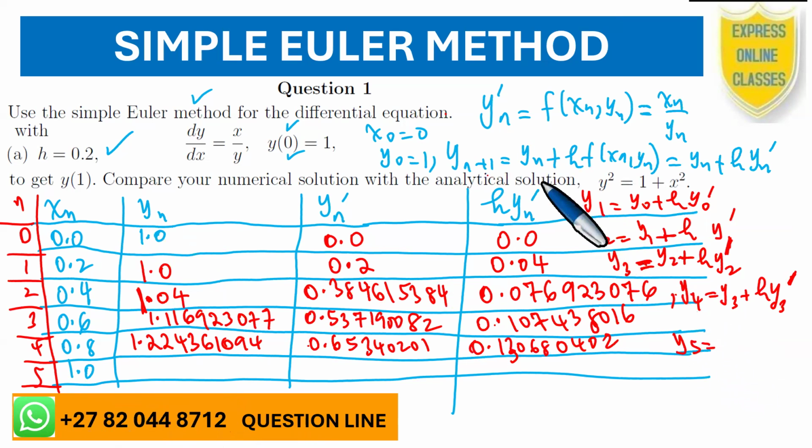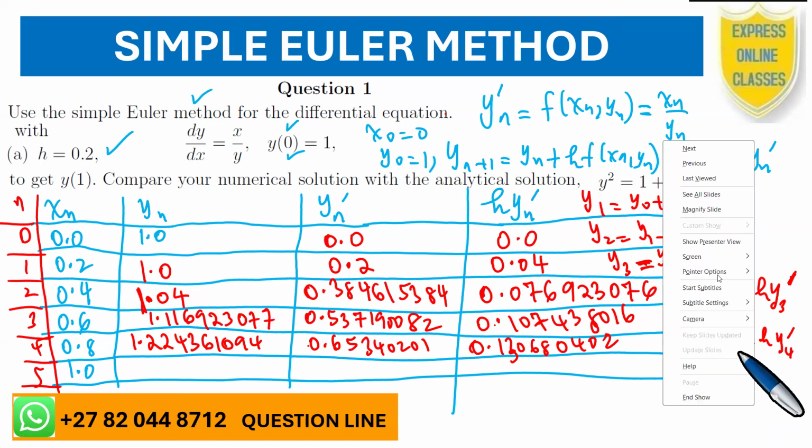So Y5, the formula for it, when n is 4, is Y4 plus H Y4 prime. So we're going to take this one plus H times this. Then we'll get that. And that becomes our Y value, Y at 1, which is actually what we worked so hard to achieve.